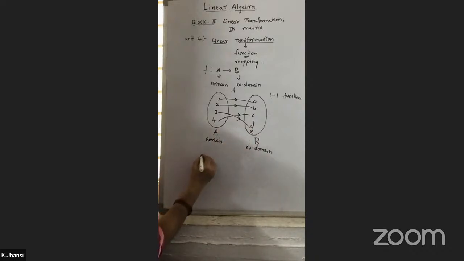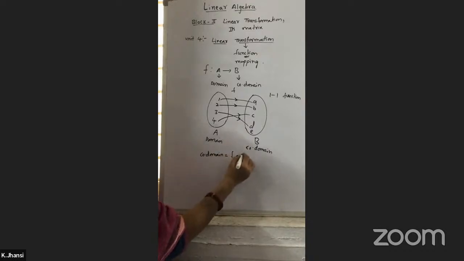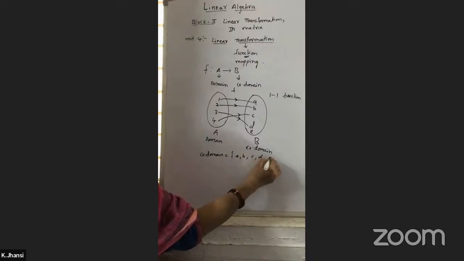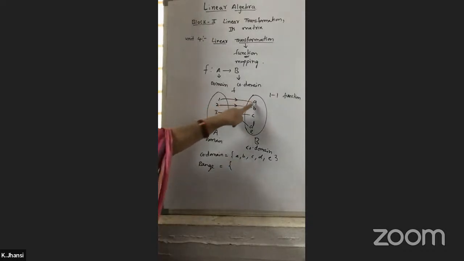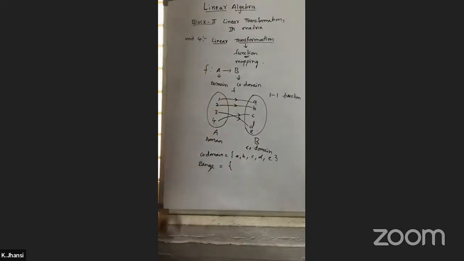So here the codomain is equal to, what are the elements? A, B, C, D, E. But what will be the range? Whichever elements have an image, only those elements are called the range.